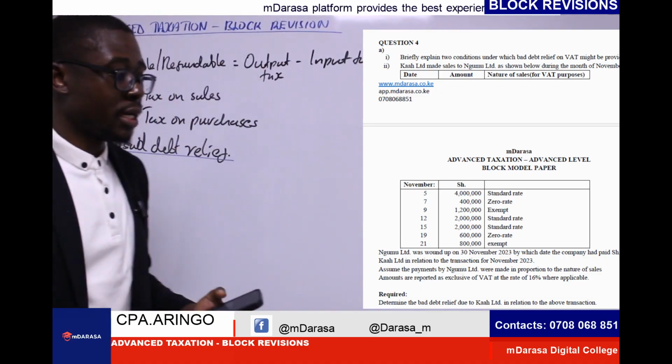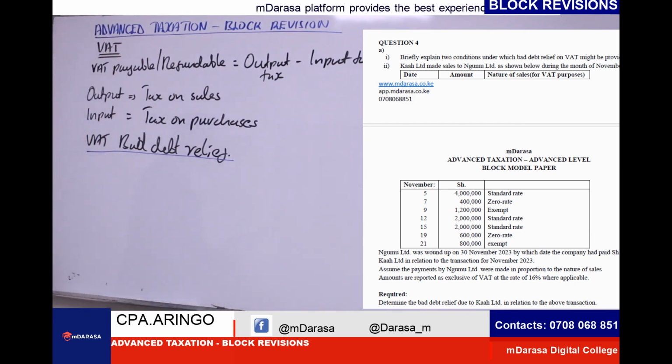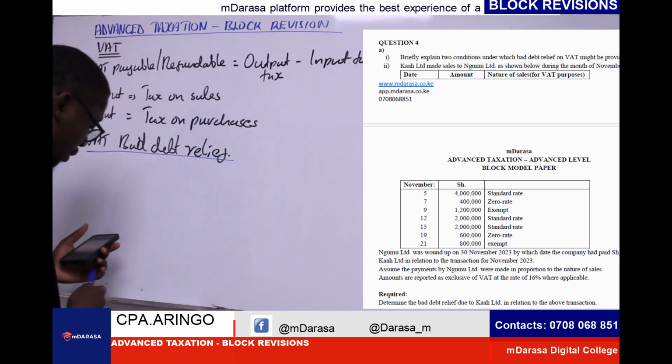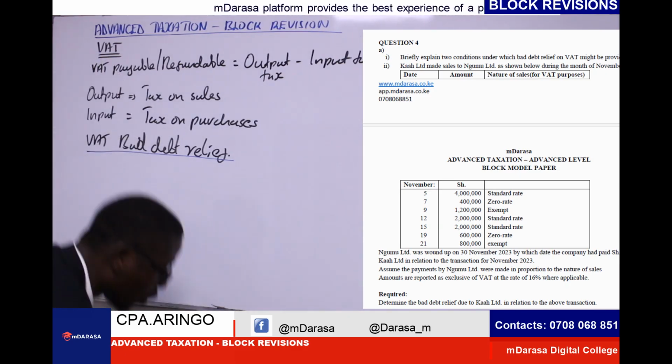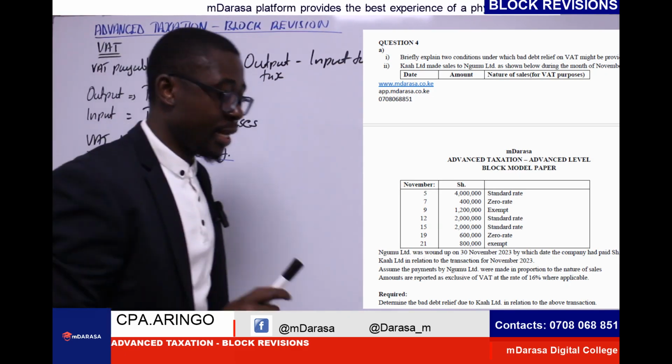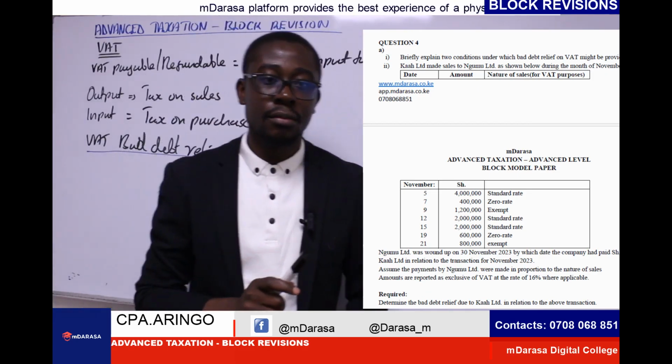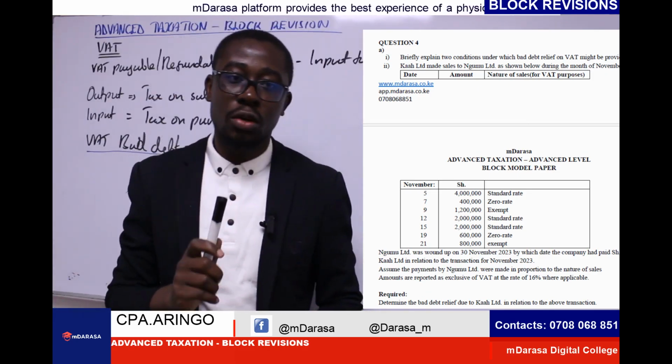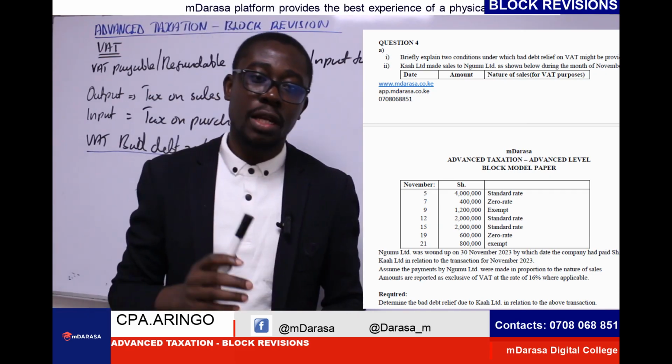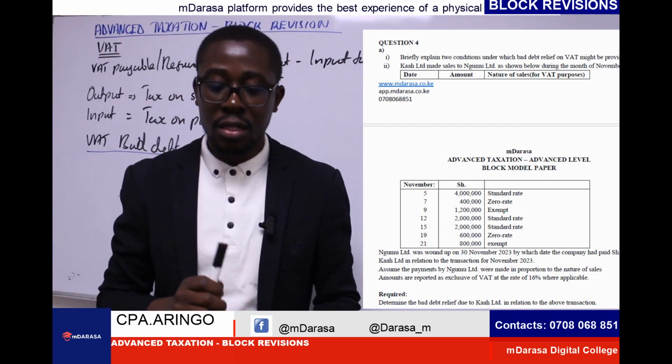Condition number one, your debtor must have been declared bankrupt. So condition number one is where a debtor of a taxable person is declared bankrupt. That is the first condition whereby we can claim for VAT bad debt relief.